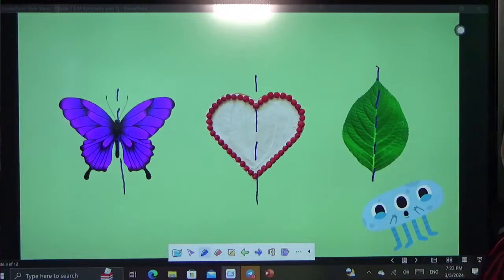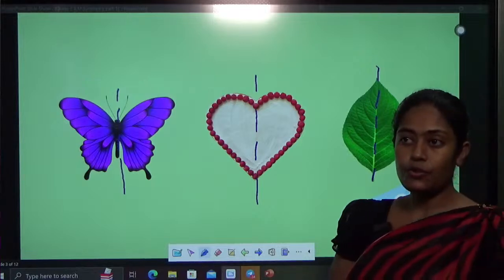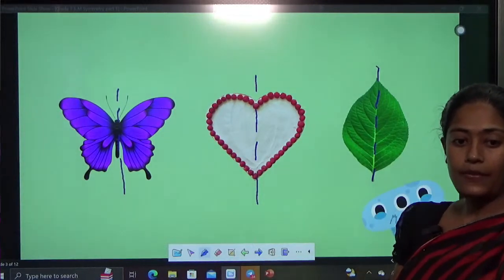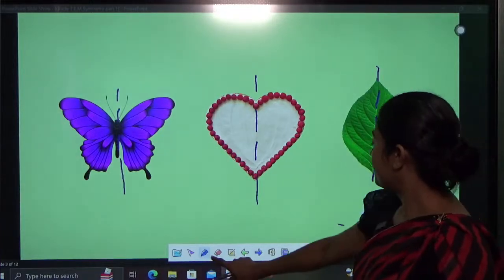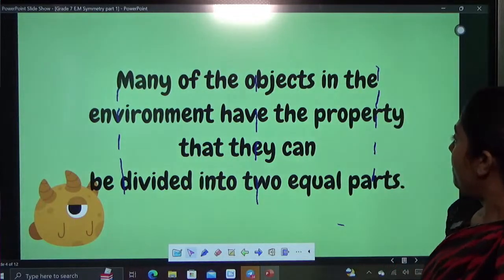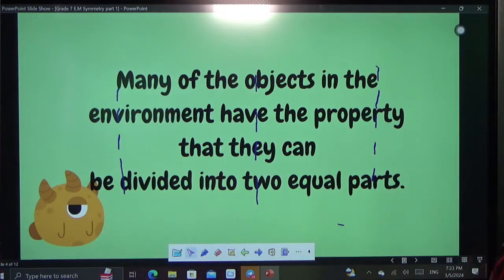Okay, I think now you have somewhat of an idea about bilateral symmetry. That means we separate a figure into two equal parts, right? We will see further what we can say about symmetry. Many of the objects in the environment have the property that they can be divided into two equal parts.